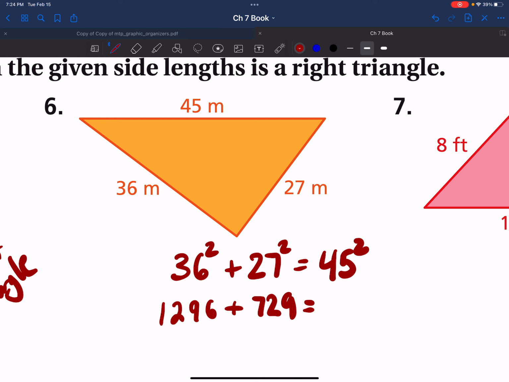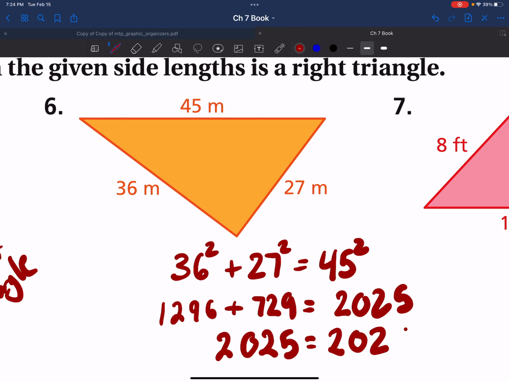And 45 squared is 2,025. Okay, so 1,296 plus 729 is 2,025. Yay, so another one that I could say, yes, it is a right triangle.